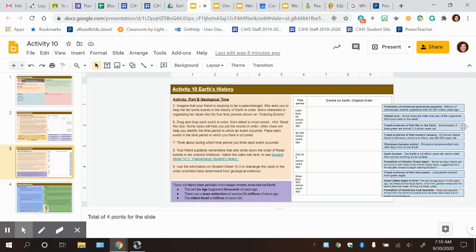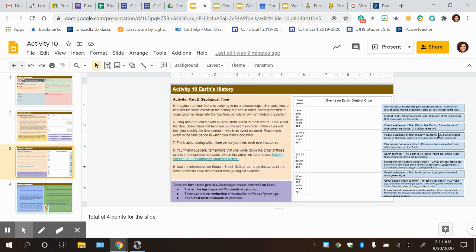Fossil evidence of first life on the Earth. Some fossils of blue-green algae are almost 3.5 billion years old. Okay, so 3.5 billion years old. That would give you an idea of the time period here.